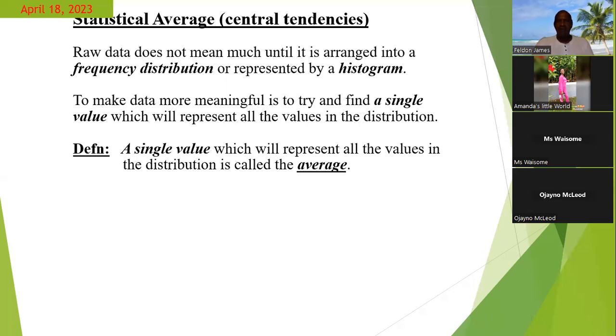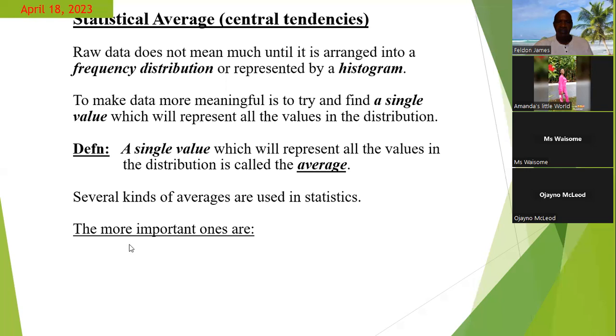And so once you're finding averages, we are actually trying to find that middle value, all right? So a single value which will represent all the values in the distribution is called an average. Now, several kinds of averages are used in statistics.